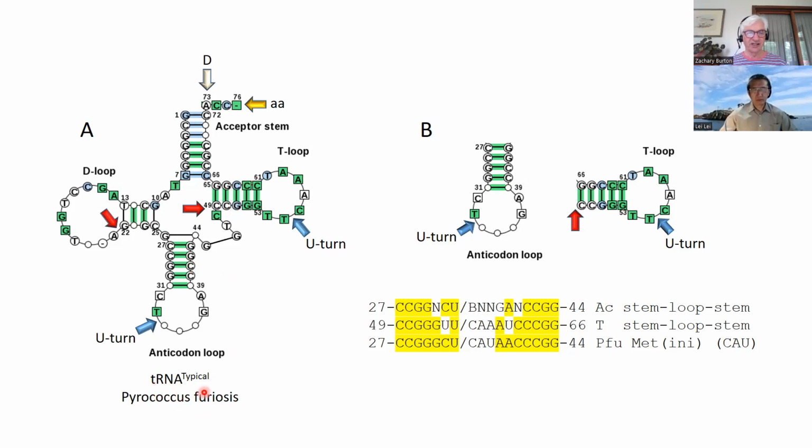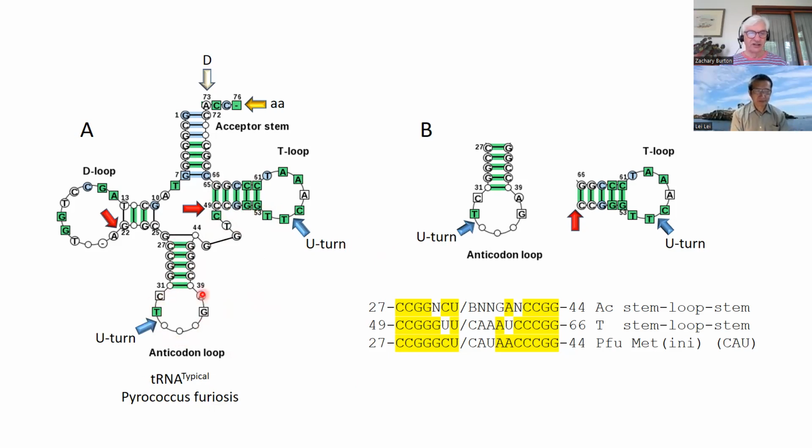This is a kind of consensus of 46 Pyrococcus furiosus tRNAs, and it's presented as tDNA. So T in DNA represents U in RNA. This sequence is CCGGG. This is after 4 billion years of Darwinian evolution with this sequence and this sequence in the same molecule. So the sequence is CCGGG, CCGG, often G.